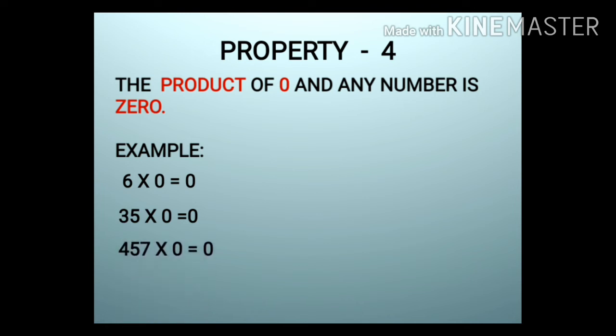And 457 into 0, naturally it is also equal to 0. Now what about 0 into 16? Yes, 0 into 16 is also equal to 0 because when 16 is added 0 times, the answer is 0, isn't it? So this is the property 4 of multiplication.